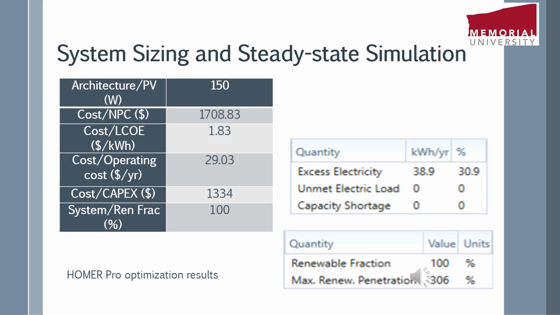Our capital expenditure is $1,334. Our renewable fraction is 100%. The capacity shortage is 0, and also there is 0 unmet electric load. Excess electricity is 30.9%. At this point, I will hand over to my colleague Gerald to continue with the dynamic simulation.